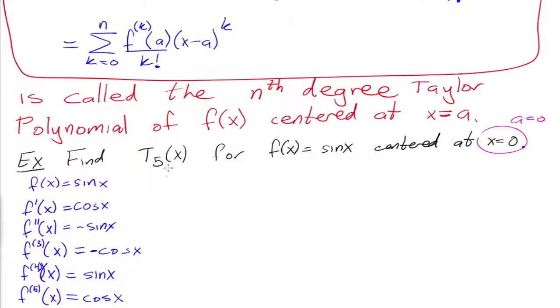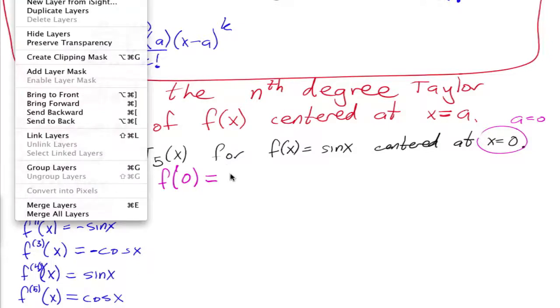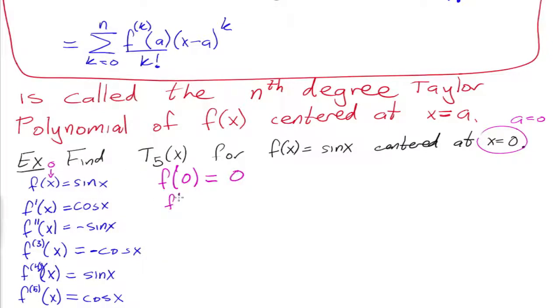Okay. So, but we're not interested in the derivatives themselves, only at the point that we're evaluating. So in this case, it's at 0. So what is f of 0? So we just plug in 0 into all of those, right? So sine of 0 is just 0. And then f prime at 0, which is cosine of 0, or 1.